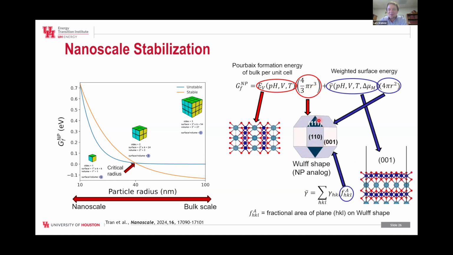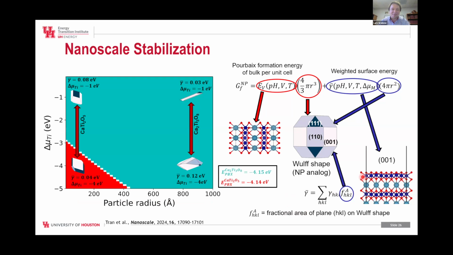We can build these wolf shapes again of these nanoparticles, look at their surface to bulk ratio, and on the surface we have also the different terminations. We get the fractional area of each of those planes. We know their surface stability, and we can estimate how stable a particle is if it's not in the bulk but exists in a smaller size.